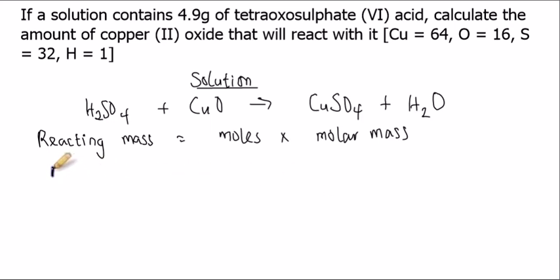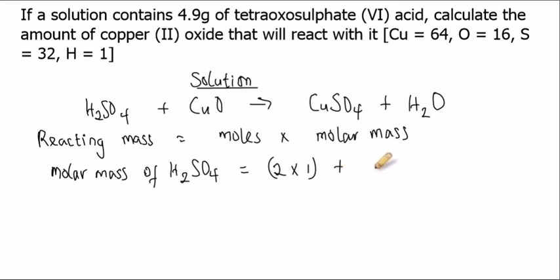The molar mass of H2SO4 will be the sum of the atomic masses of the elements involved. For hydrogen, we have 2 atoms present, and the atomic mass of hydrogen is 1, so that's 2 times 1, plus sulfur, which is 32, and oxygen, we have 4 atoms present. The atomic mass is 16, so that's 4 multiplied by 16.